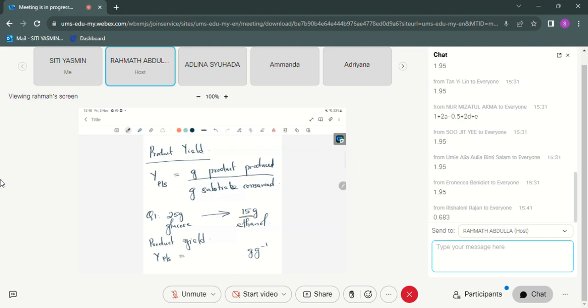Which is 15 grams ethanol over the substrate, 25 grams of glucose. How much can you get? 0.6. Okay, Noika, Luisa, yeah, correct. 0.6 gram per gram.